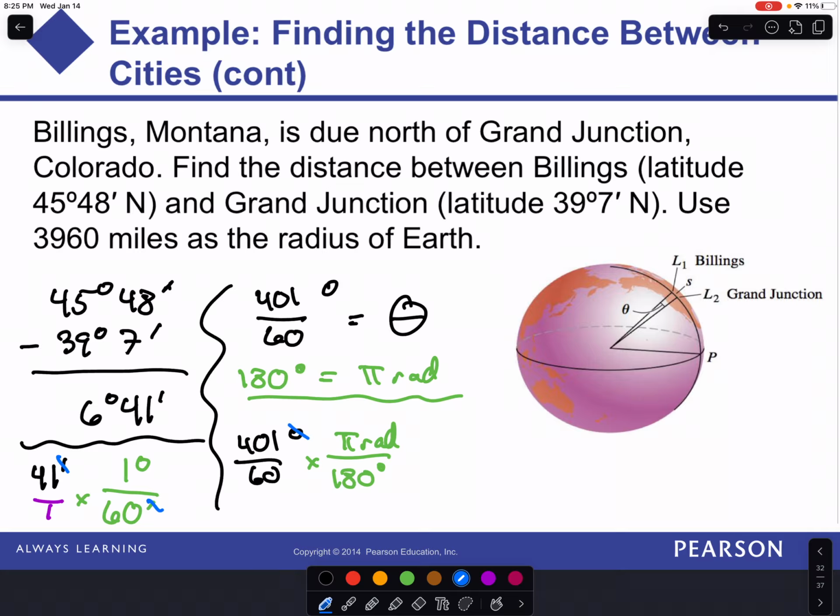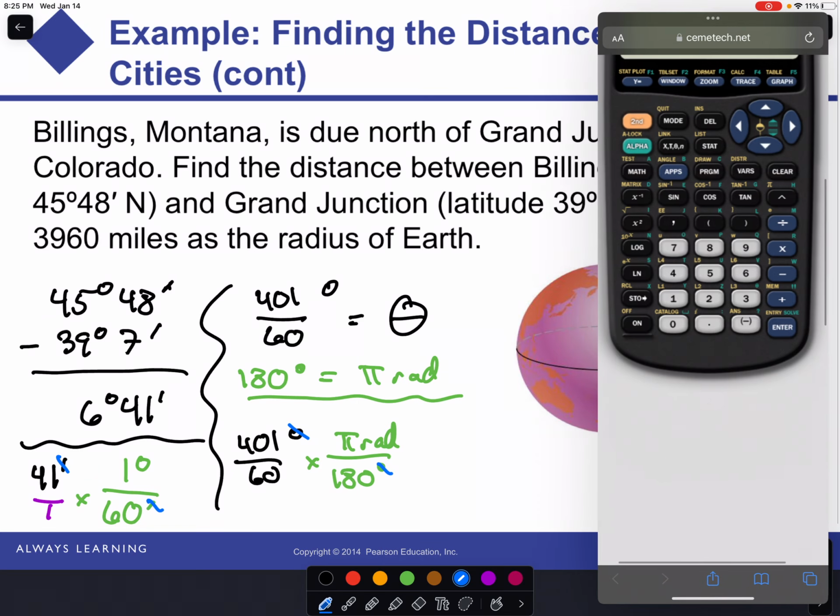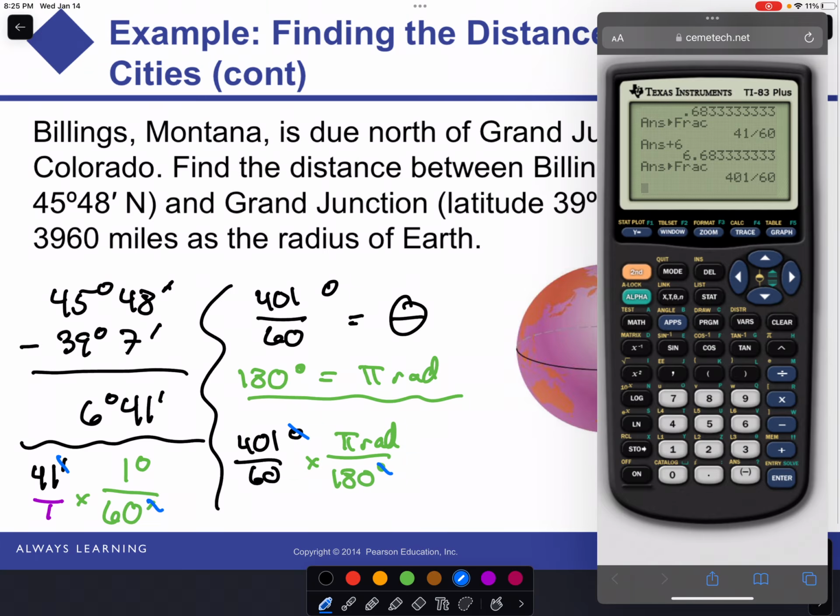Units of degrees are going to cancel. And then we just need to crunch that number. So we'll take the 401 over 60, times pi over 180. And this will be in units of radians.